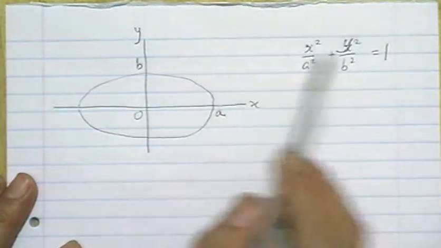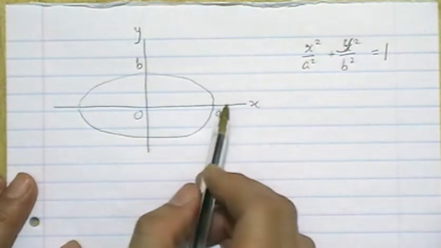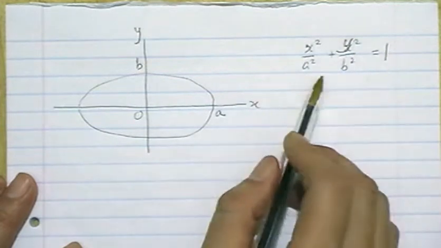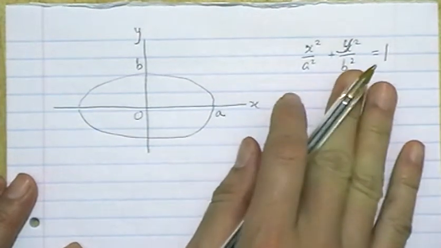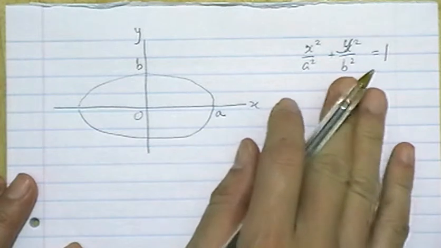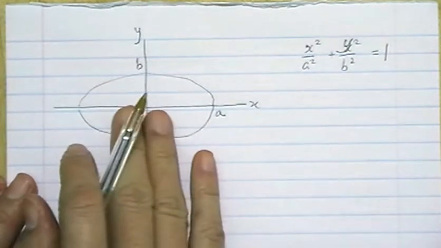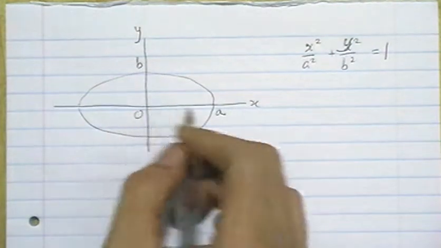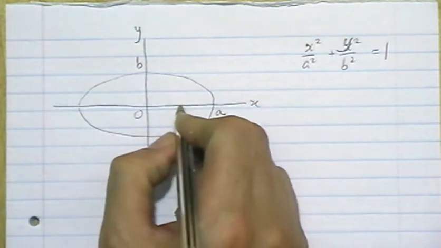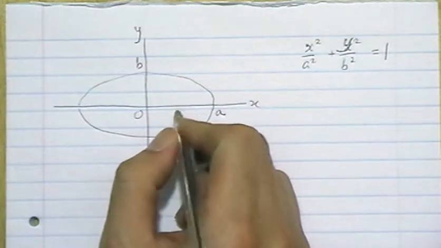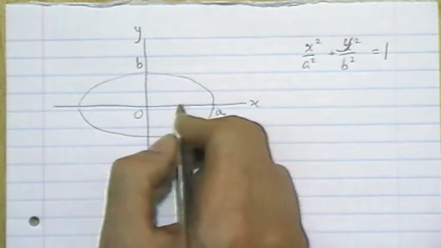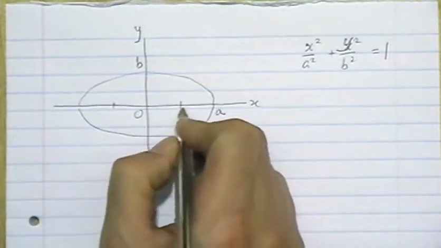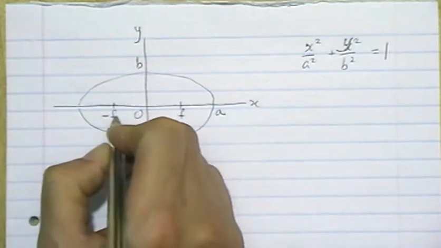So let's make use of this equation and show that it can be obtained from the definition of the ellipse. I shall start by letting the foci be here and here. So let this coordinate be f and let this be minus f.